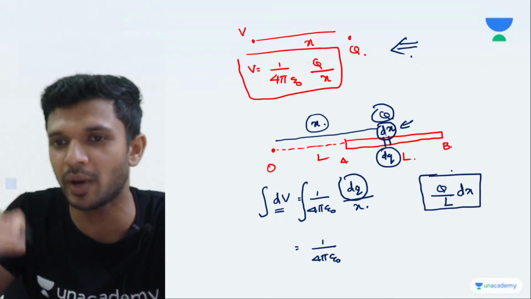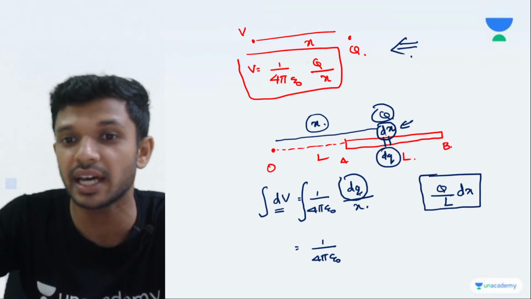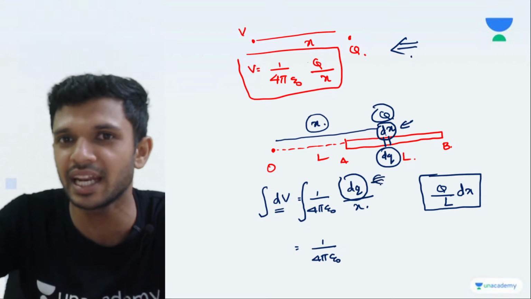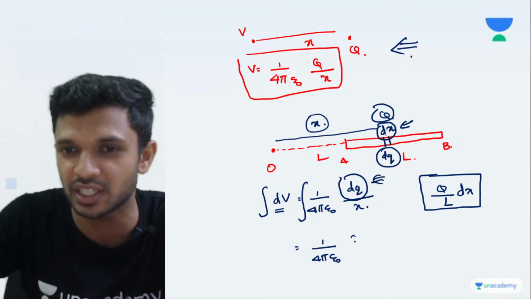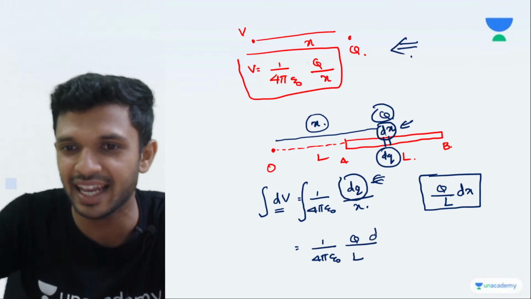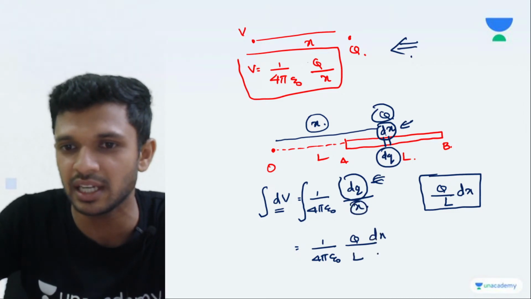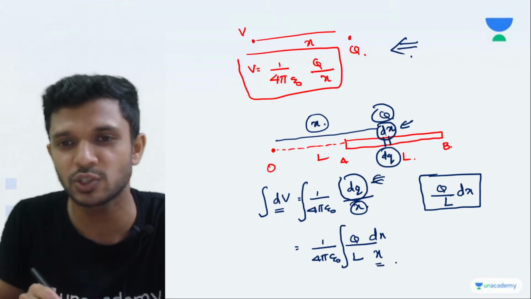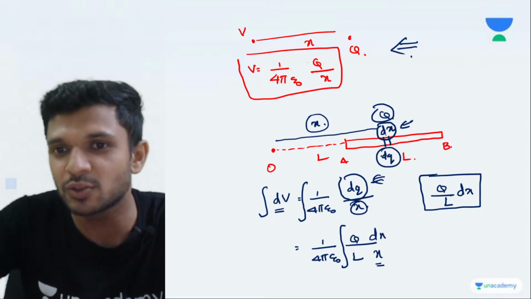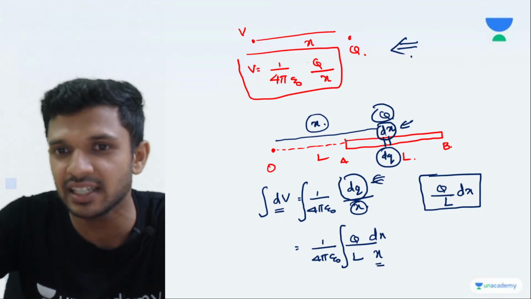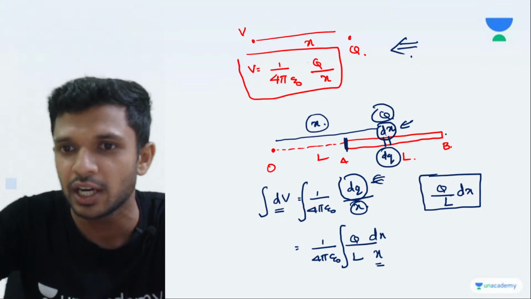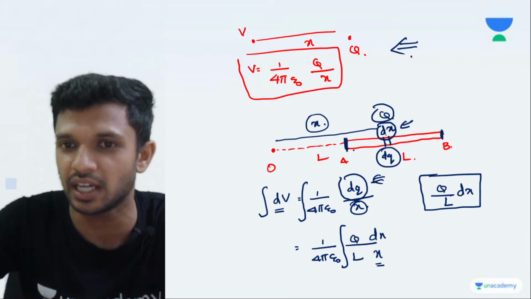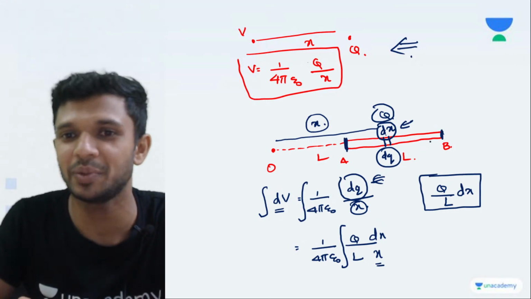So that is q by L into dx. So we can substitute dq as q by L into dx. But what remains is x, so integrate it. The same integration. What are we integrating? The x value is being integrated, and x changes from the edge A to the edge B, because the charge is distributed between the points A and B, isn't it?